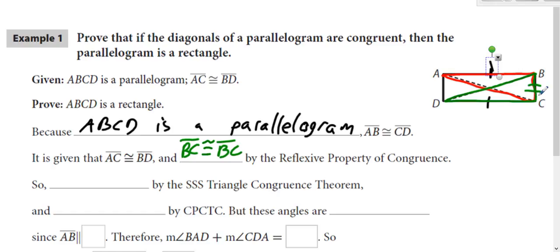So now these two triangles, the one I outlined in red and the one I outlined in green, are congruent by side, side, side. We have all three sides congruent to all three sides. So that's triangle ABC congruent to triangle DCB.